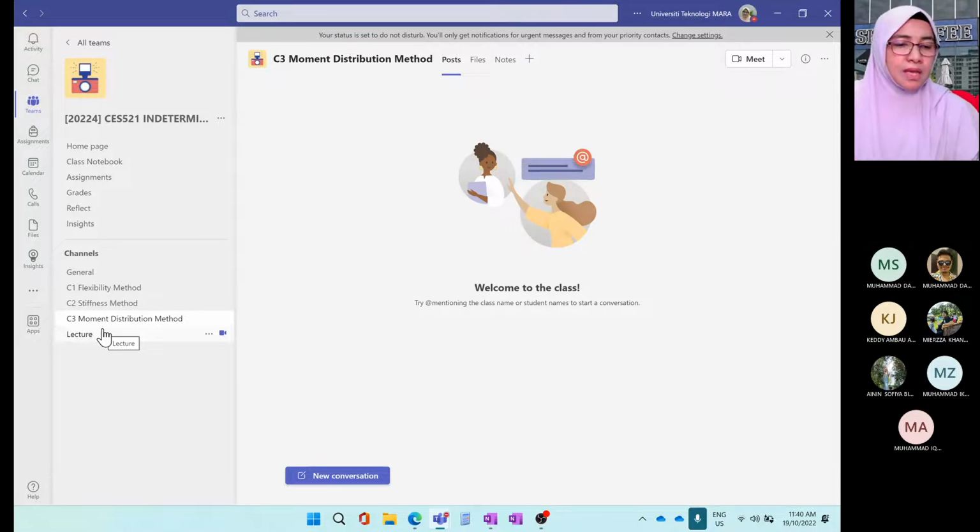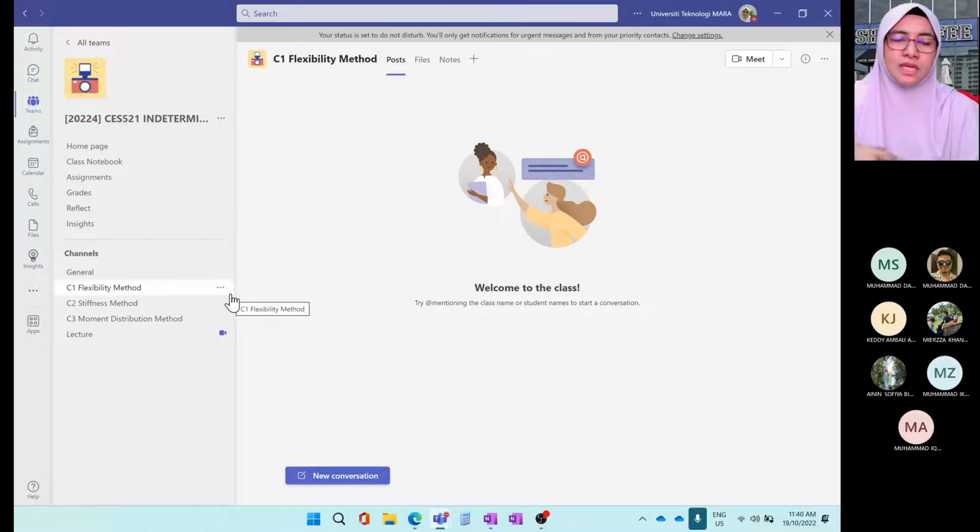Okay, so flexibility method maybe looks new in terms of name. In terms of name, looks new, but in terms of the process inside flexibility method tu nanti you akan tengok dia bukan new, sebab we will analyze structures.